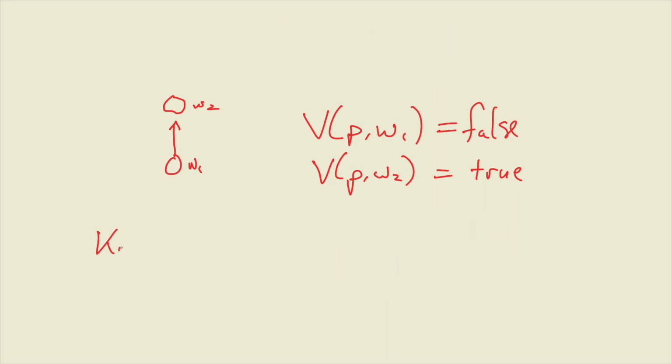So now the Kripke semantics for intuitionistic logic formulas is the following.